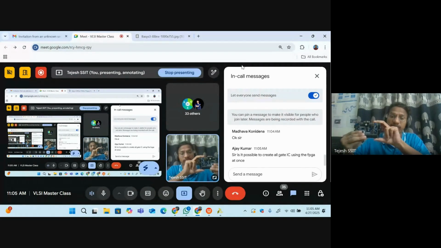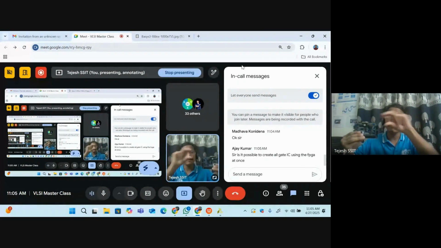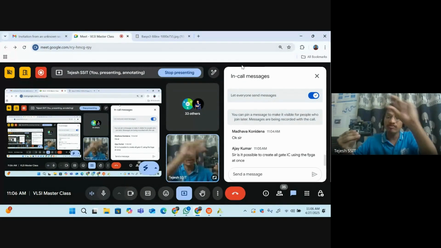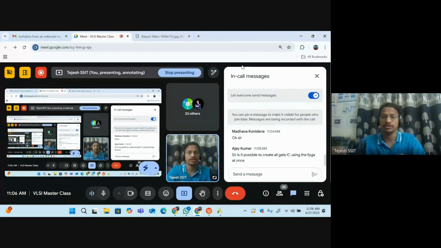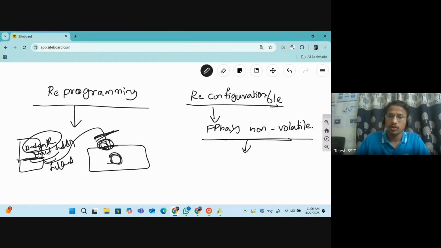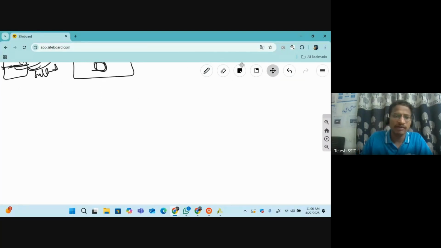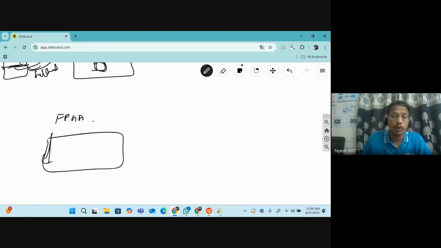After this hardware verification, the dumped program will be moved to chip fabrication. I will explain this. Good doubt. So FPGAs are mainly for hardware verification, for programming and hardware verification.